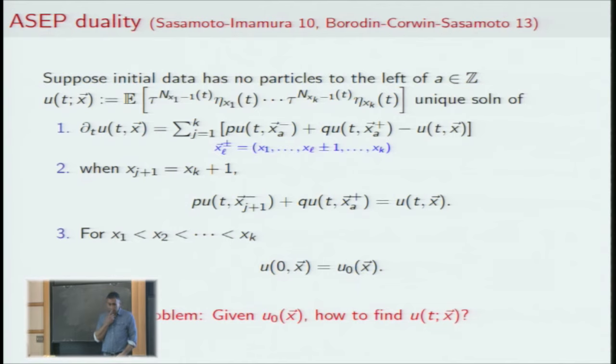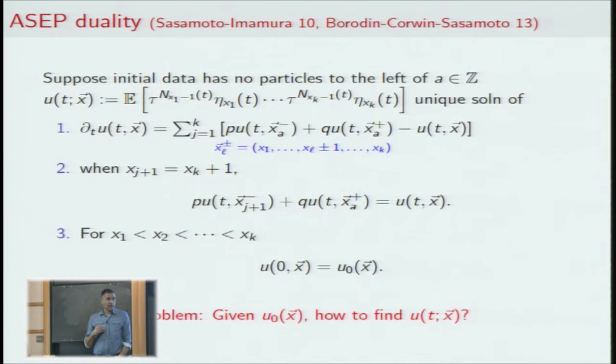So here's how we get a formula. We start with this Borodin-Corwin-Sasamoto ASEP duality. What the ASEP duality tells you is, if you want to get this function u(t,x), you should think of it as a microscopic version of the product of Z's in the replica. Instead of Z, you take basically e to the log tau times the height function, take its multiple at a bunch of times, and take this expectation.